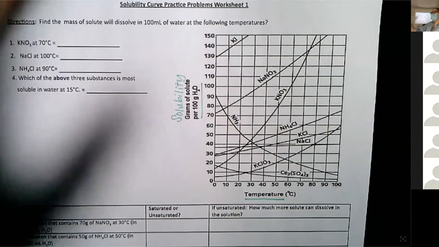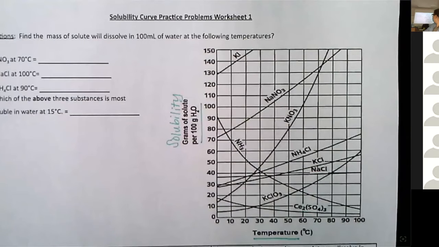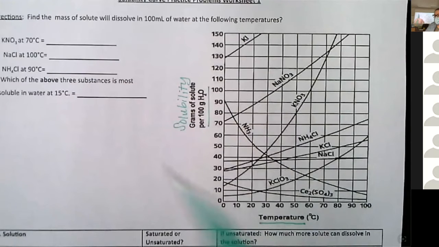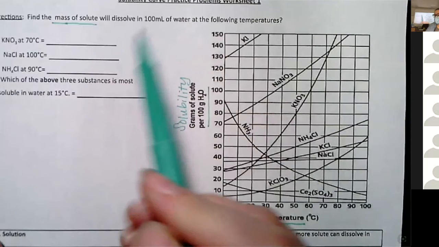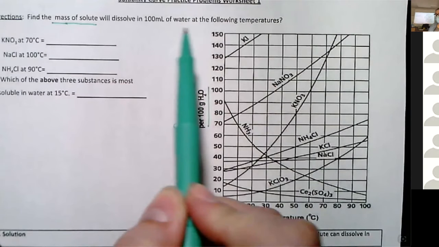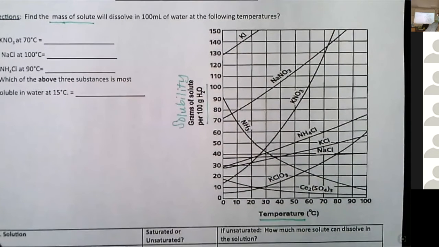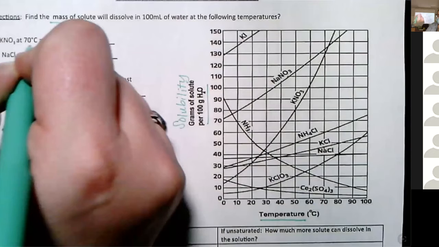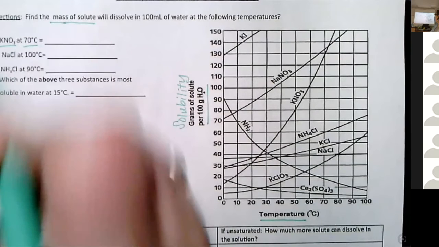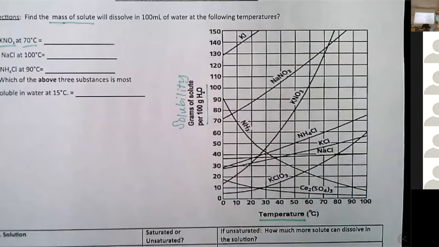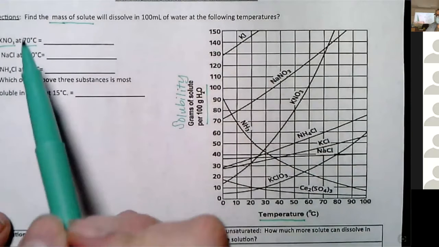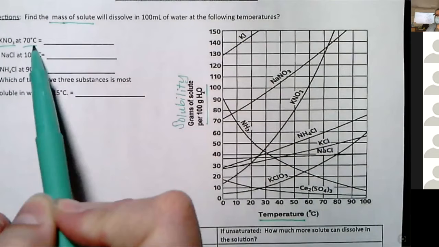Okay, so let me show you what's going on here. It says directions: find the mass of solute that will dissolve in 100 milliliters of water at the following temperatures. Number one says KNO3 at 70 degrees C. Those are the two most important pieces of information, and really the only ones they give us. So here's what you're going to do. It gave us 70 degrees C, so down here is temperature.